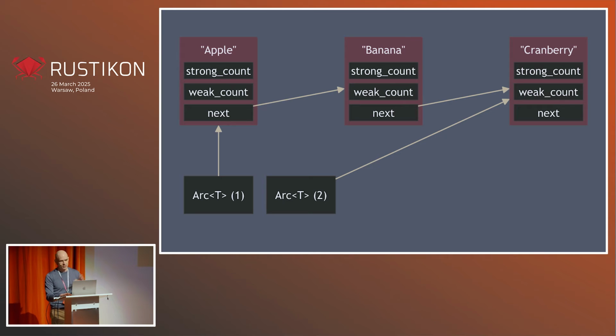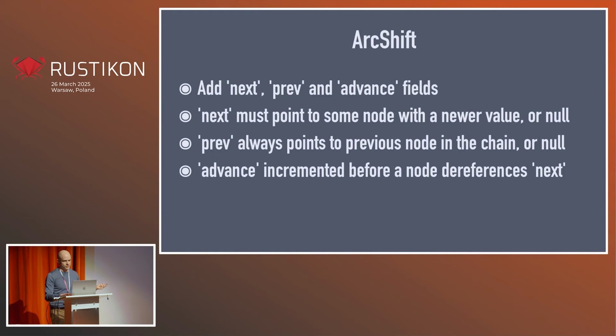We couldn't deallocate apple or cranberry because those instances could be read from at any time without having to do any kind of locking. But if we deallocate banana, what's to say that Arc1 here hasn't just read the next pointer, and it's just about to increment the weak counter of banana? Well, nothing. And if we then deallocate banana, we could have undefined behavior. So that's no good.